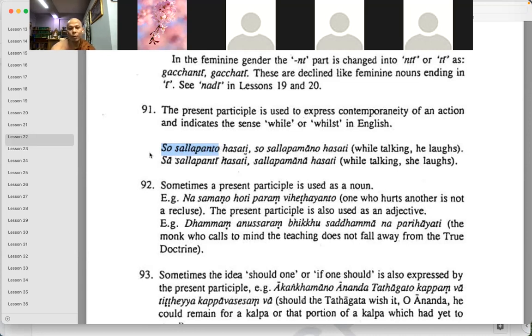But if it is put before the subject, then at that time it is a modifier to that subject, an adjective function: he who speaks, or who is speaking. But when we put the present participle after the subject, then even though it is a present participle, its function is maybe predicative.